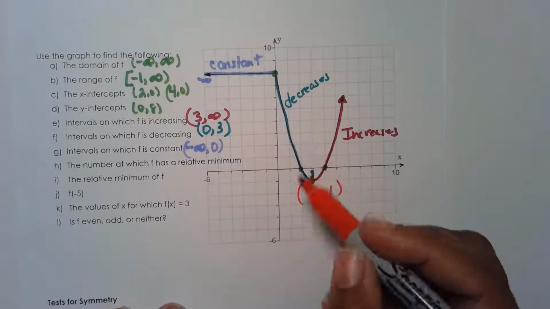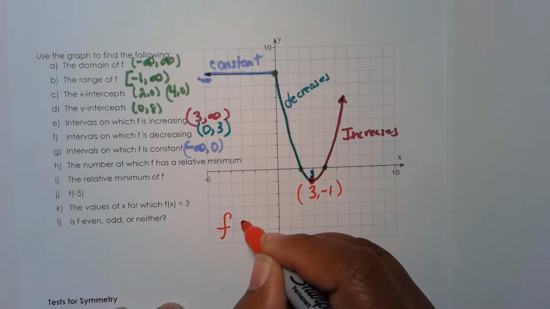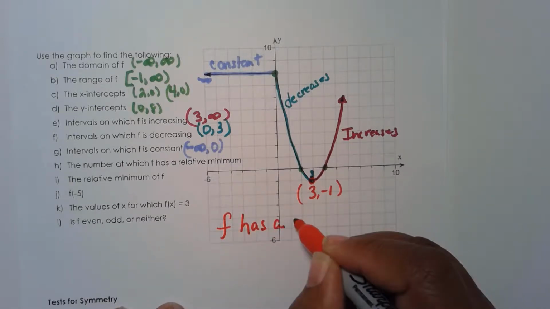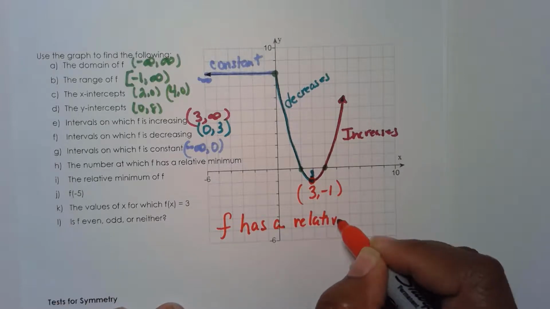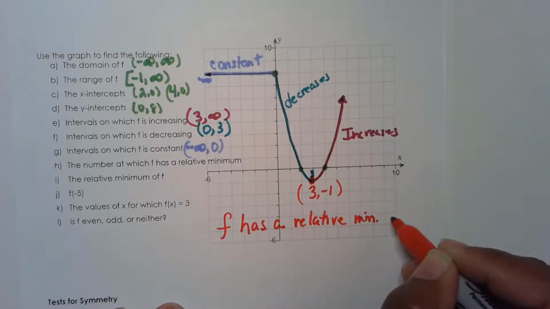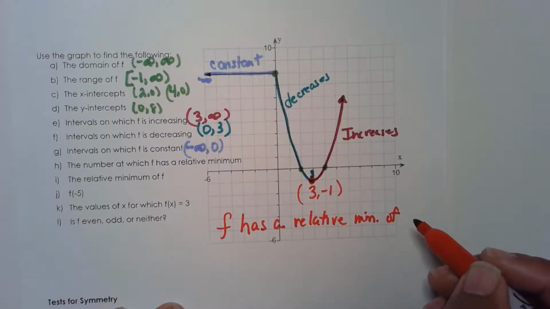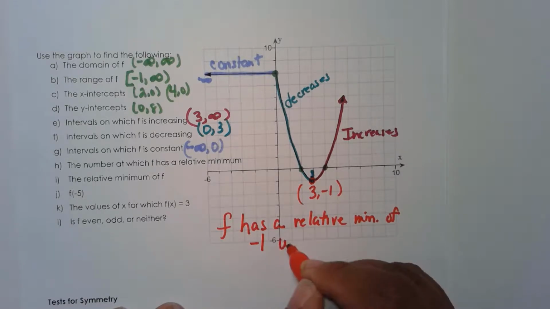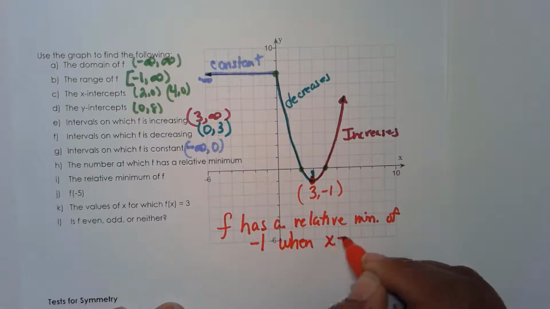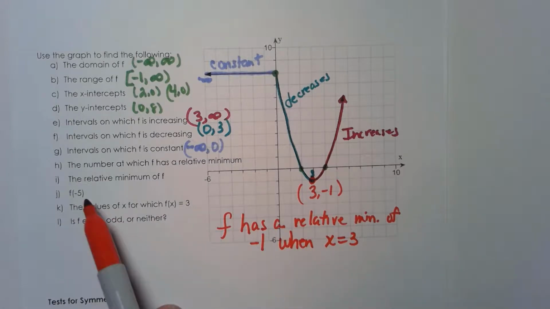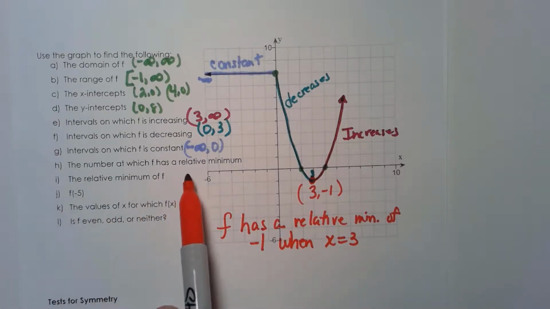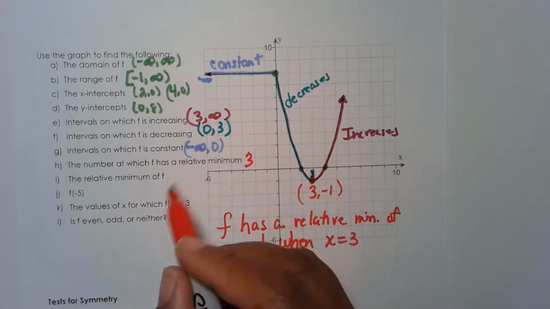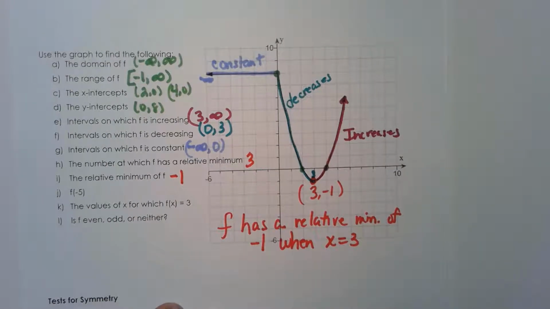We would say the function f has a relative minimum of, what would that be? Negative 1 when x is equal to 3. So it says here the number at which f has a relative minimum, which will be 3. The relative minimum of f is negative 1.